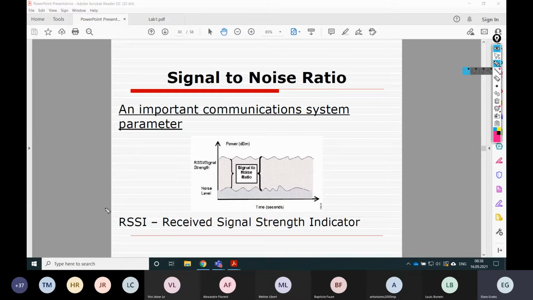Based on this error probability, you will be able to choose a code for correcting these errors, because if you choose an incorrect code, it can actually make things even worse. So it's important to know how often your errors are happening, and signal to noise ratio can be used to calculate the theoretical error probability.